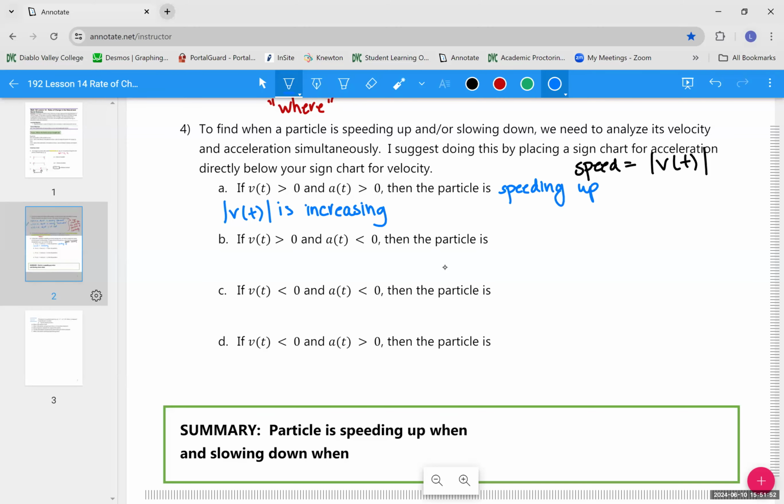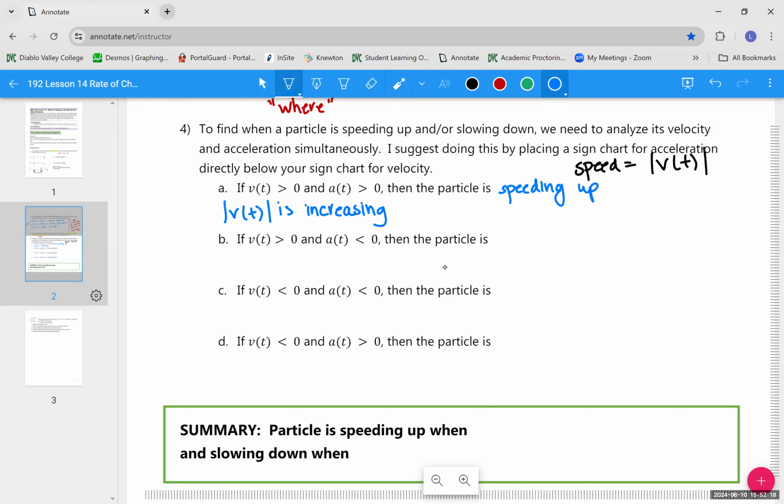So let's do one more. Let's do C. If velocity is negative and acceleration is negative, I'm starting with a negative number, and acceleration being negative means velocity is getting smaller, is decreasing. So if I have a negative number that's decreasing, it's getting more negative.